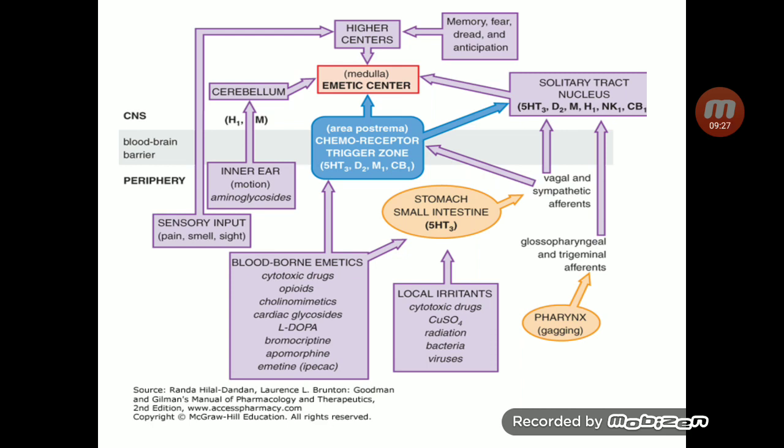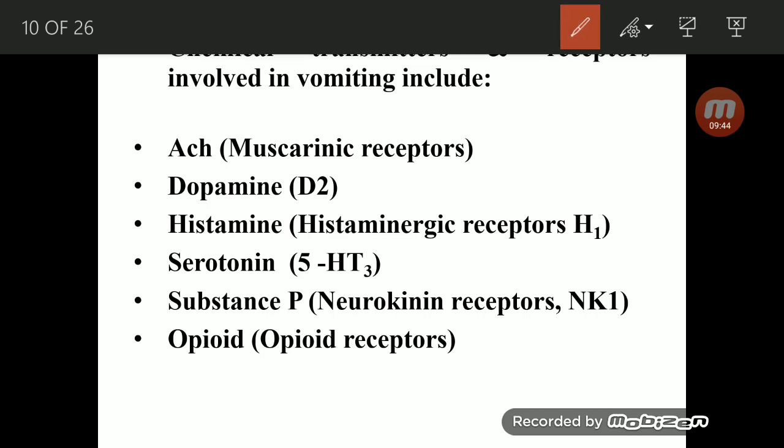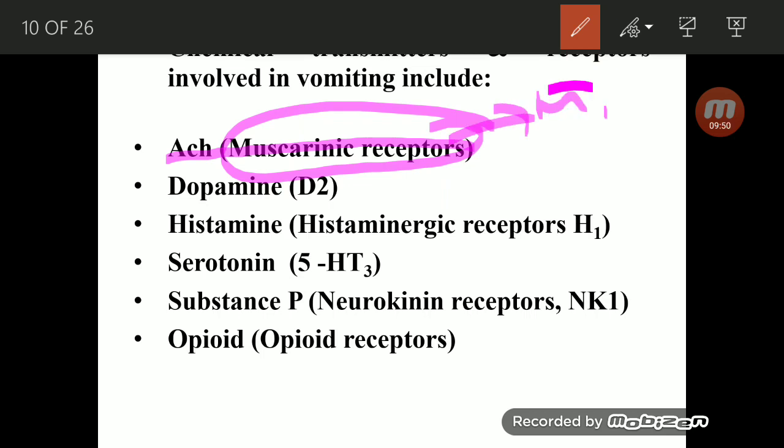So this is a schematic diagram of all that we have talked about just before this. Now, the different chemical transmitters and receptors involved in vomiting help in its induction. The first one is acetylcholine, which acts on muscarinic receptors, M1 and other muscarinic receptors. Since your brain has numerous muscarinic receptors, different muscarinic receptors are involved.